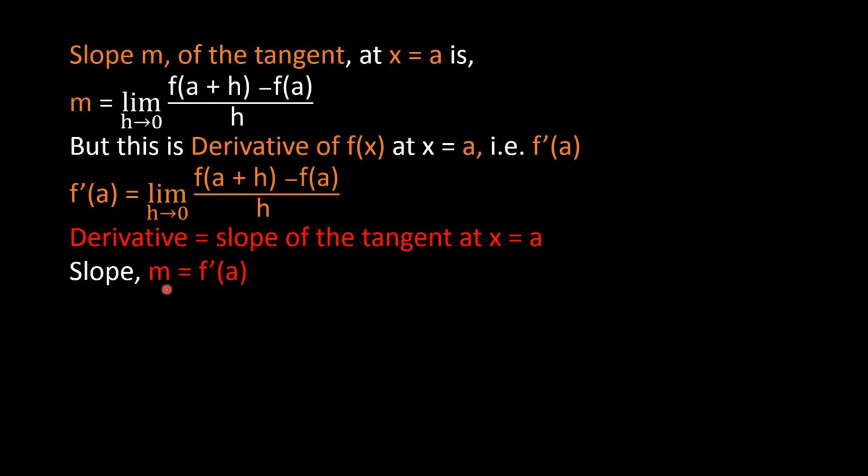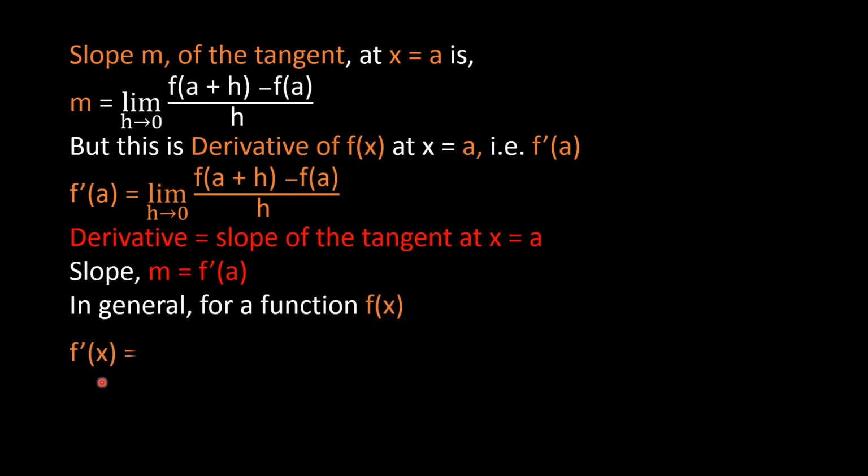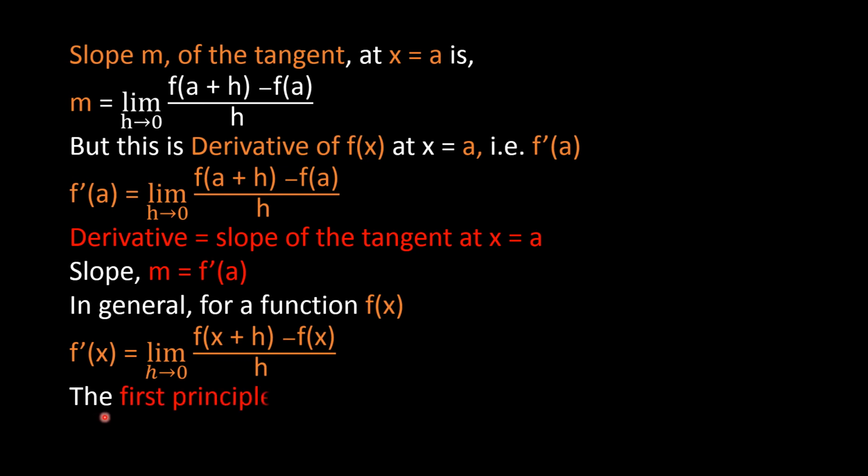So slope m equals f dash a. In general, for a function f(x), f dash x equals limit of f of x plus h minus f(x) upon h as h approaches 0. This is known as the first principle of derivative.